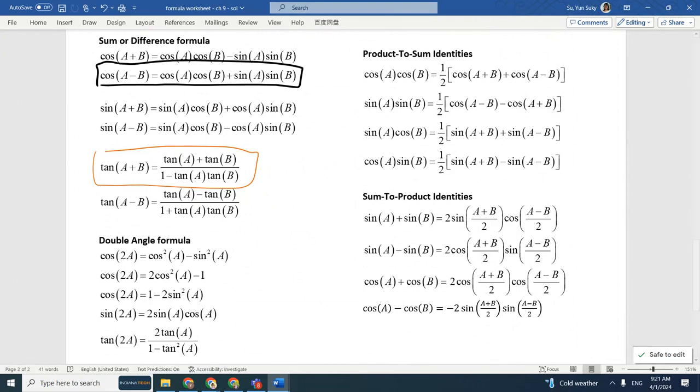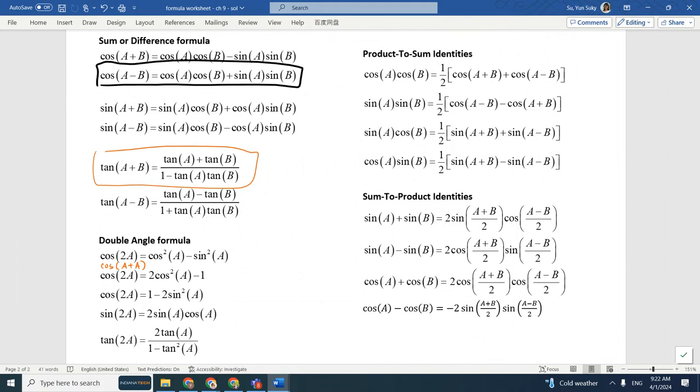Do you see cosine 2A is like cosine of A plus A? 2A is A plus A. So you use the sum formula of the cosine, with A plus A. Therefore, you get cosine A times cosine A, which is cosine squared A, minus sine A times sine A, so sine squared A.